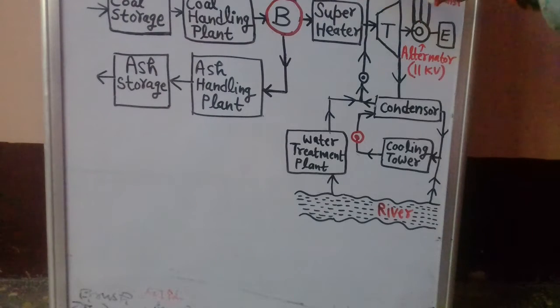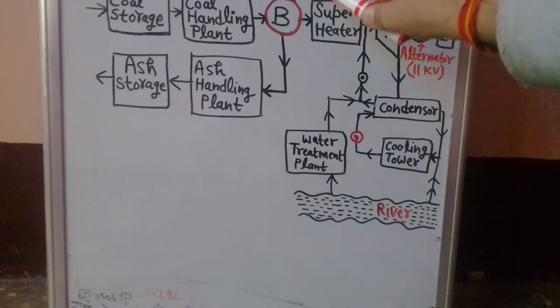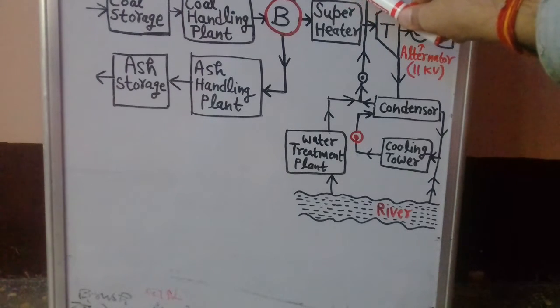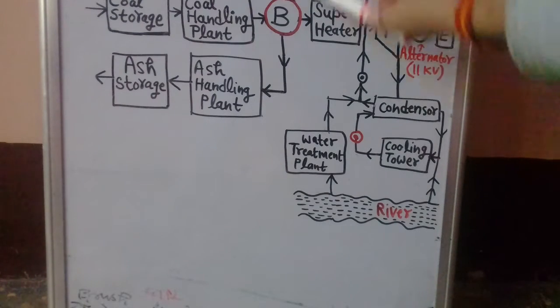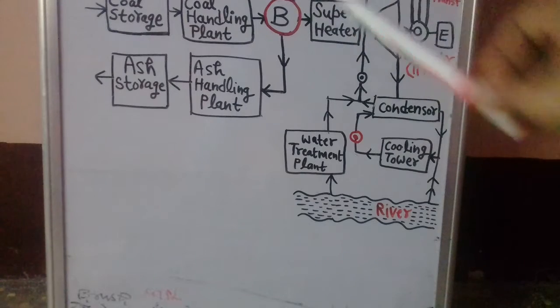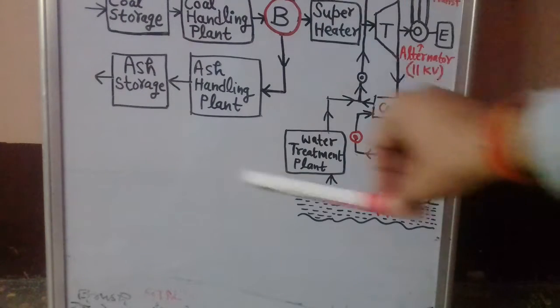So air from the atmosphere comes into the forced draught fan, then goes to the air preheater, and then it is fed to the boiler furnace for rapid combustion. So that's how the steam power plant will work.